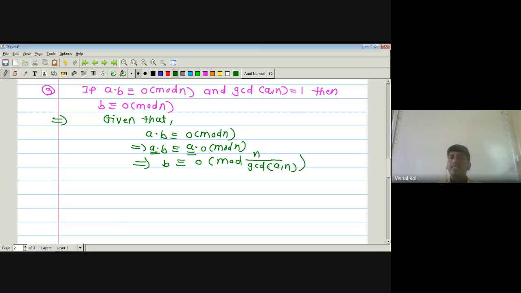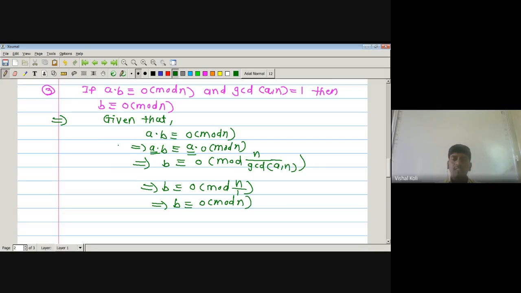But given that GCD of a and n is 1, B is congruent to 0 modulo n upon 1, which is n. That is, B is congruent to 0 modulo n, and that is what we have to prove.